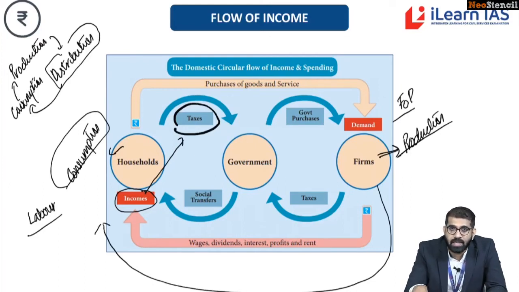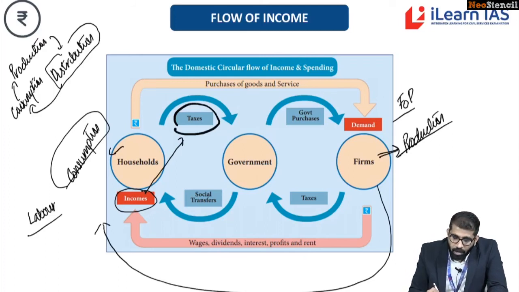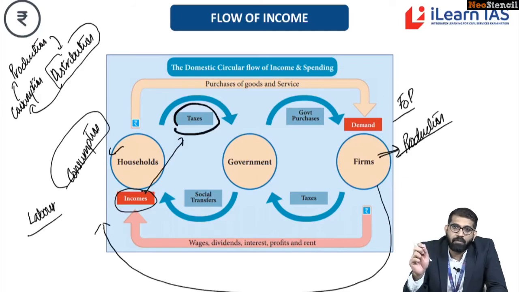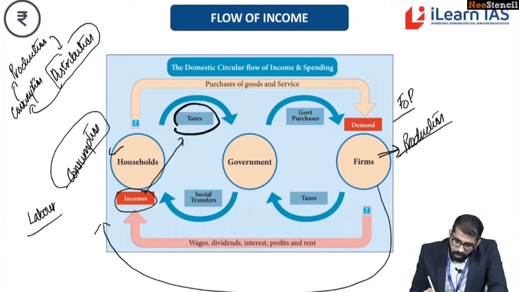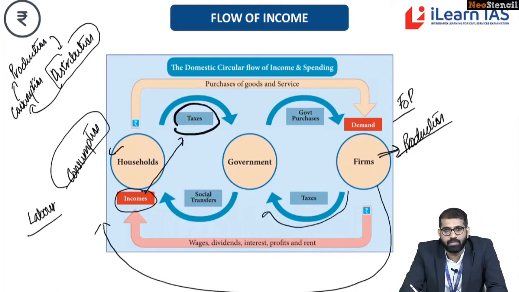Now when they are purchasing these products from the firm, what do they pay? They pay the cash, or the prices, for that particular product. So from the side of the government to the firm, it is usually the purchase of goods and services and related payments that they make. Now when it comes to firms to the government, how does this particular transaction take place?